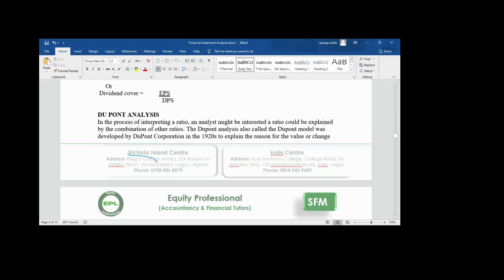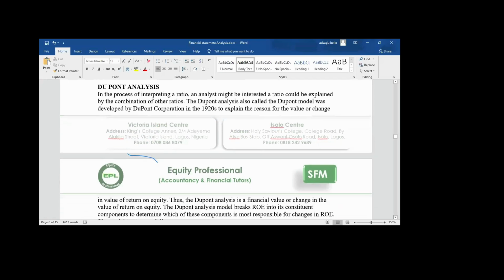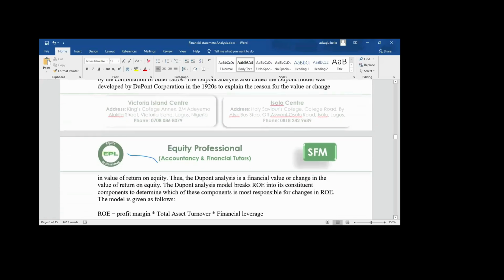The DuPont model was developed in the 1920s to explain the reason for the value or change in value of return on equity. You know that investment is about the owner. In those days, it's about the return to the shareholders.